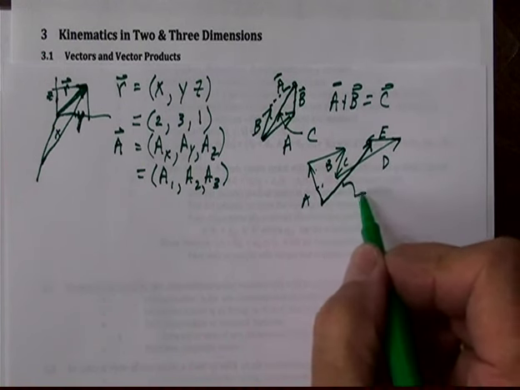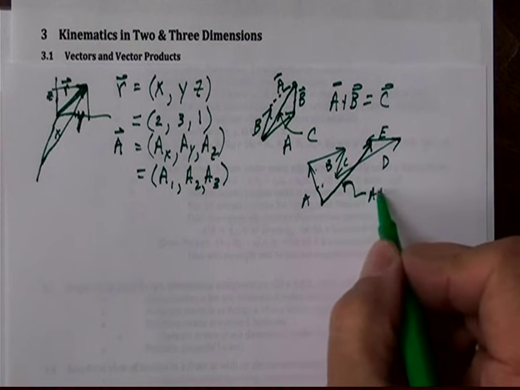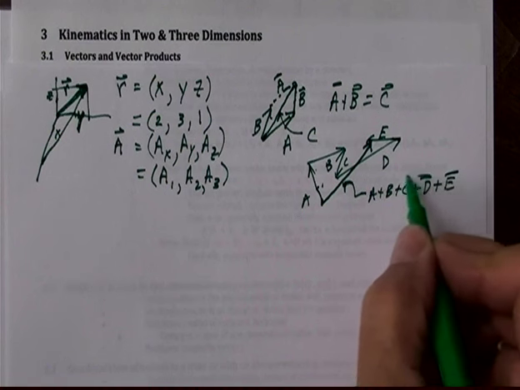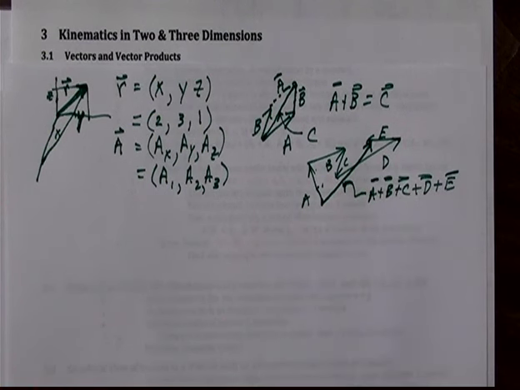This vector here would be the vector a plus b plus c plus d plus e. And I can add all of those together. So that is a very good way in 2 dimensions, at least on paper, with two-dimensional vectors to visualize them, simply as arrows that are lying there on the page.